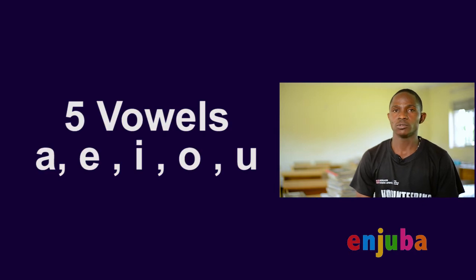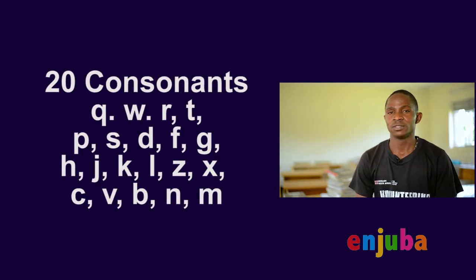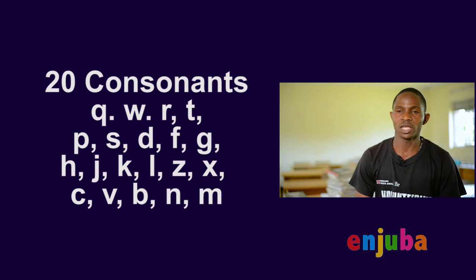Now, one of them should be the ability to identify the vowels and also differentiate them from the consonants. We have 5 vowels and we have 20 consonants in the English language, and the two form what we call the alphabet. If we take a look at the Korean alphabet, which contains 25 letters, it is quite different from the English language.